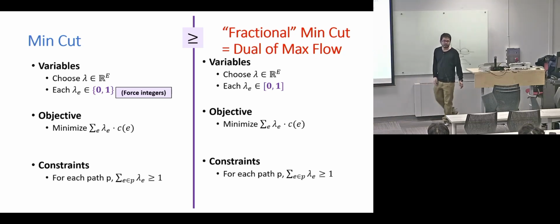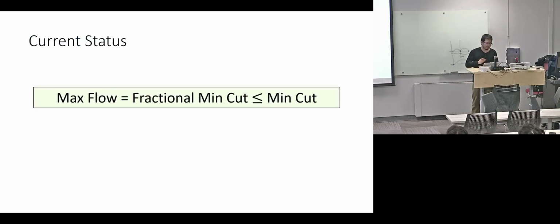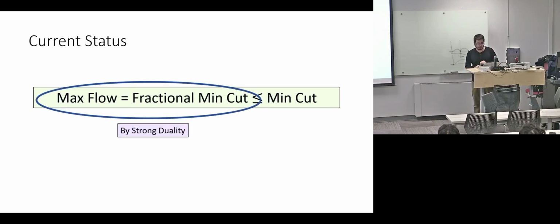Okay. All right. So what do we have so far? We have that max flow must have the same value as fractional min cut, and it is at most min cut. Why do we have this equality? Strong duality. We assume this, and we're just going to use it.